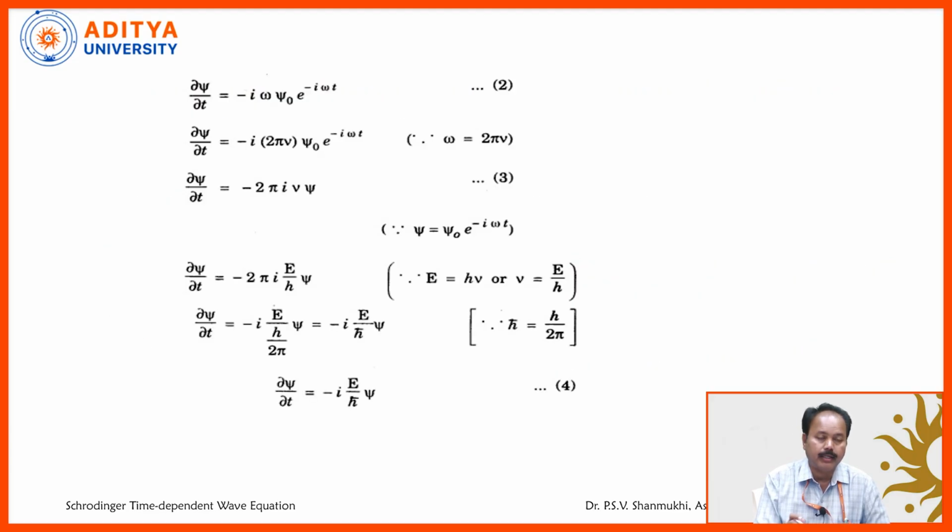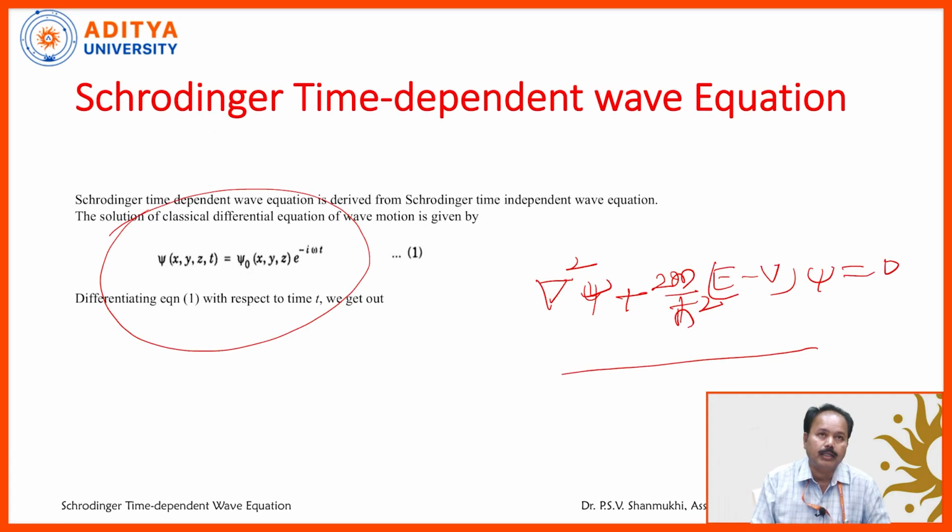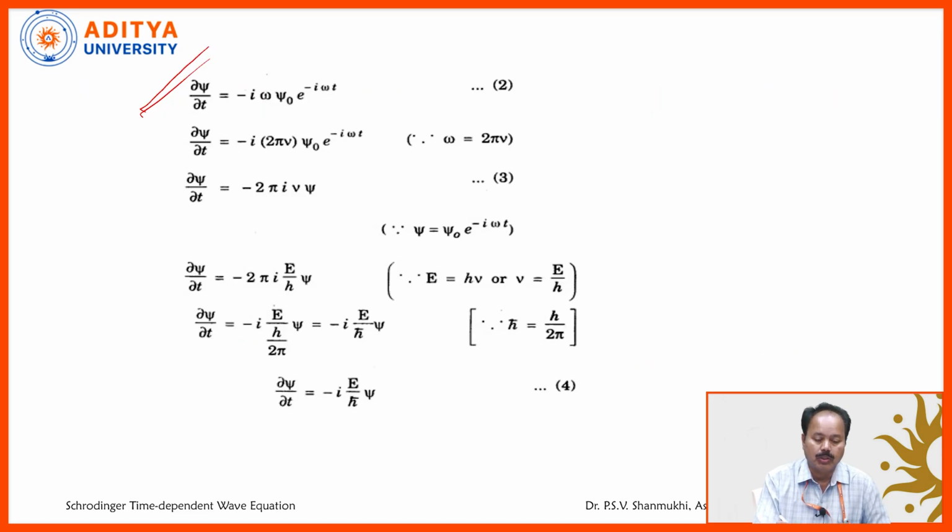Now I take the first derivative d psi by dt, differentiating with respect to t. Differentiating e power minus i omega t as usual, we get a factor of minus i omega. So this is minus i omega psi naught e power minus i omega t. Omega is the angular frequency, given by 2 pi nu.